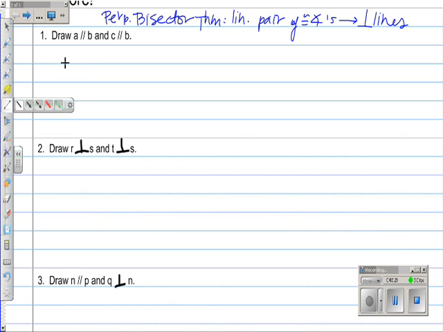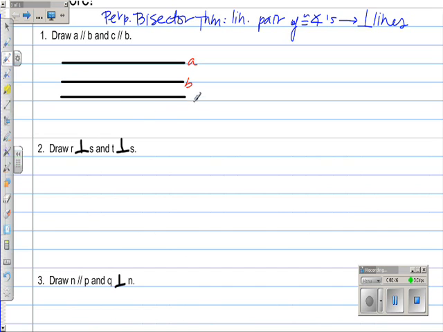So go ahead and draw line A parallel to line B. I'll label those: this is line A, this is line B. Now we're going to draw line C parallel to line B. If we knew that A was parallel to B and B is parallel to C, then you can see that this implies A is parallel to C. So essentially, if two lines are parallel to the same line, then those two lines are also parallel to each other. That's the theorem you've just shown.